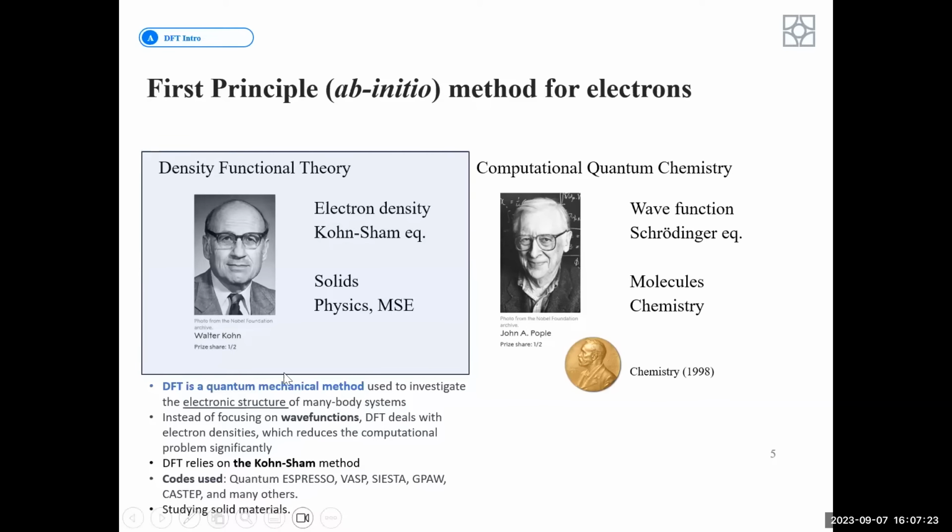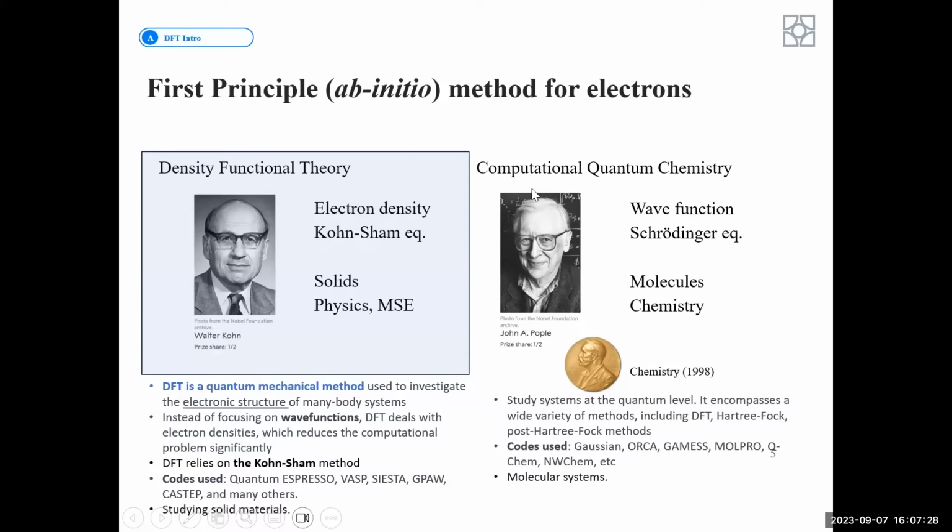DFT, again, is really good for solid materials. In the opposite way, quantum chemistry, in a trivial way, mainly studies the quantum level. It encompasses a wide variety of methods, including the Hartree-Fock method. This is mainly how you can calculate the wave function. So it's again not about electron density, it calculates something called the wave function.